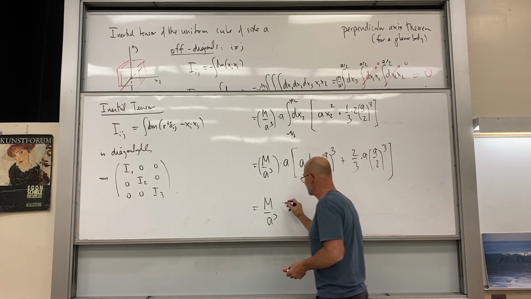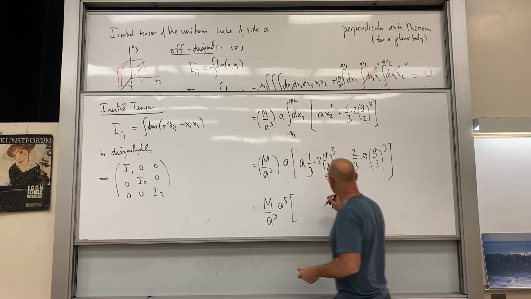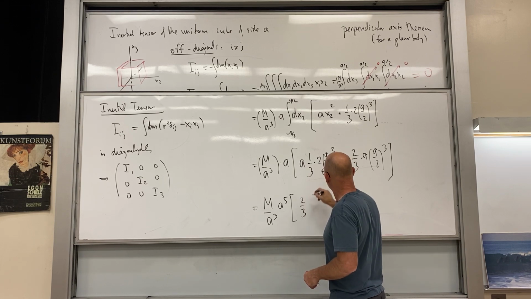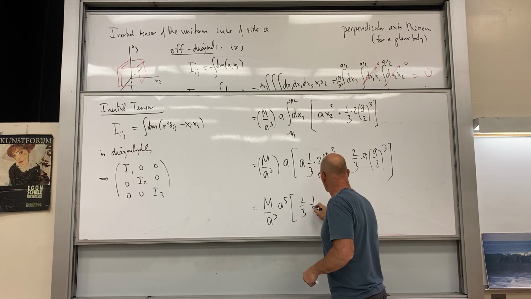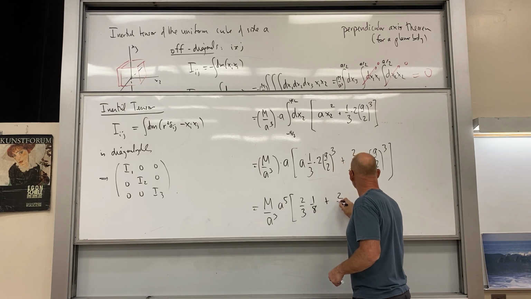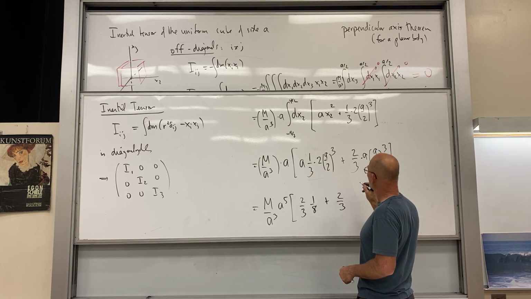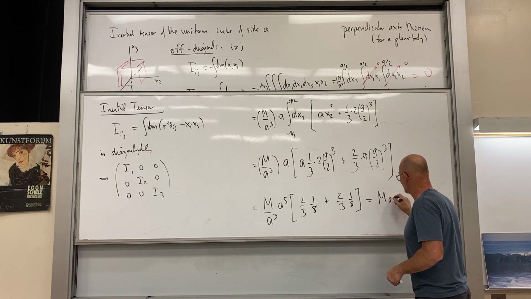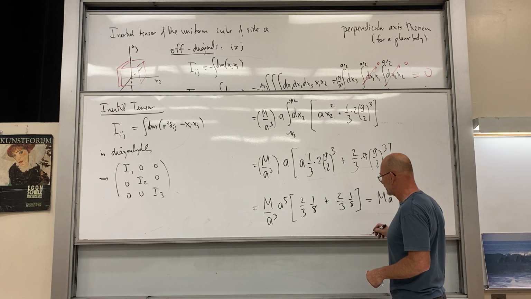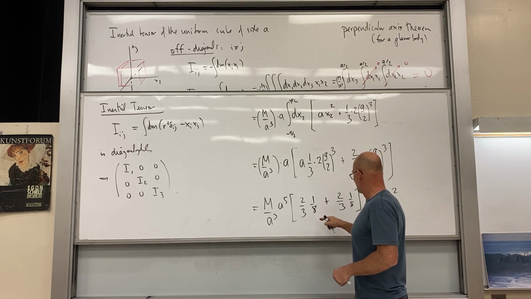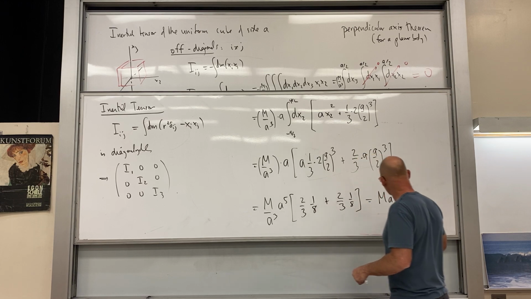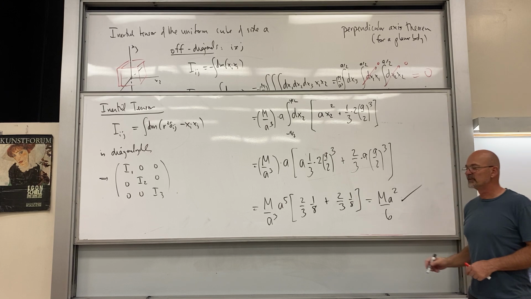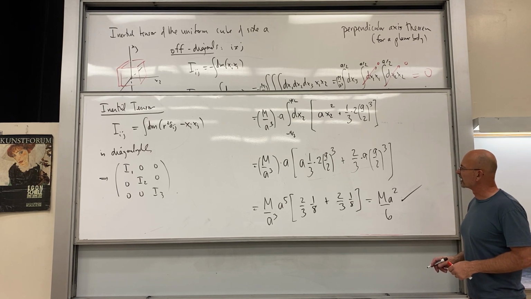So we've got a to the 5th, and it's just a question of 2/3 times 1/8 plus 2/3 times 1/8 equals m a squared over 4 over 24, which is 6. Okay, that's what's supposed to happen. m a squared over 6.